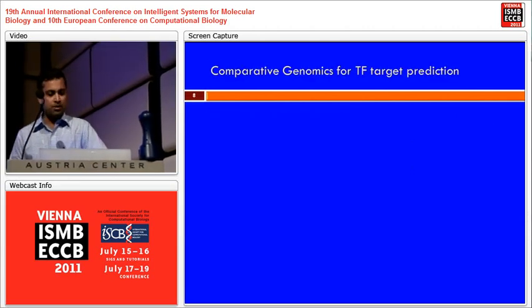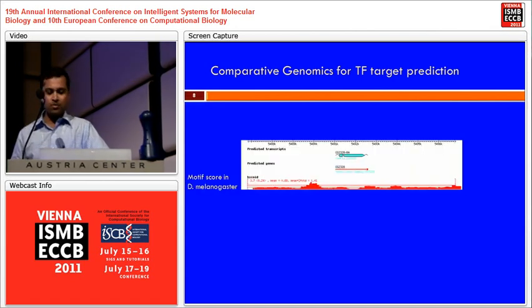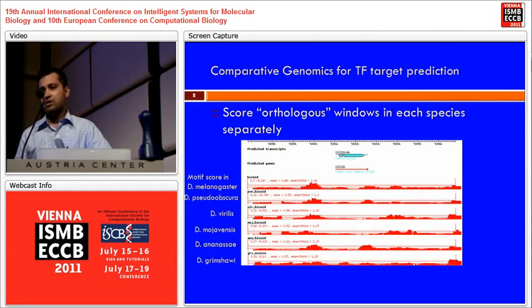And so the next idea that we use to improve the accuracy of predicting transcription factor targets is that of comparative genomics. And the idea, again, is very intuitive. You scan your motif not only in Drosophila melanogaster, but also in several other closely related species.